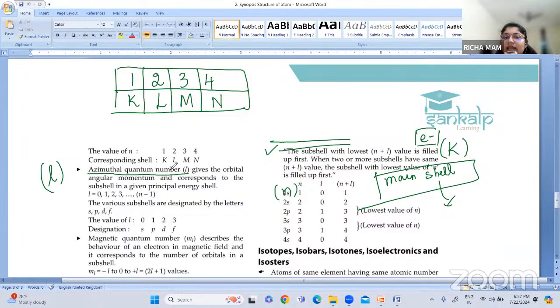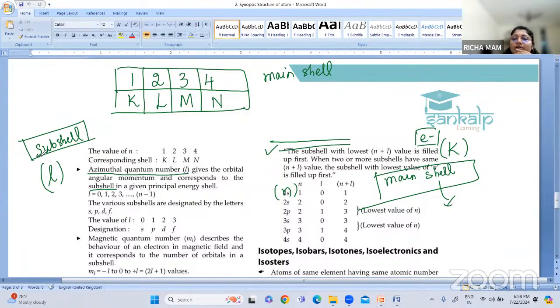It corresponds to the subshell. A subshell means this: this is the main shell, and under it comes the subshell. So it represents the subshell, or gives you the shape of the orbital.